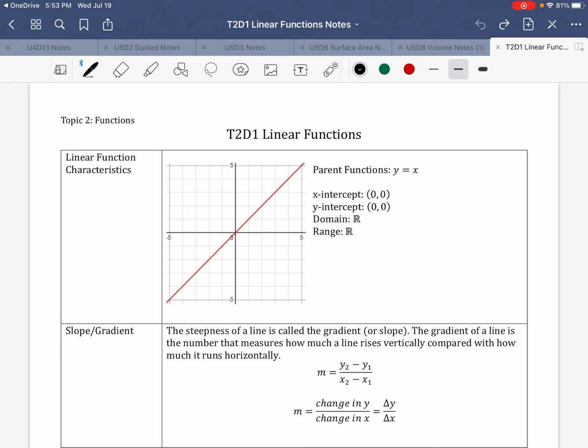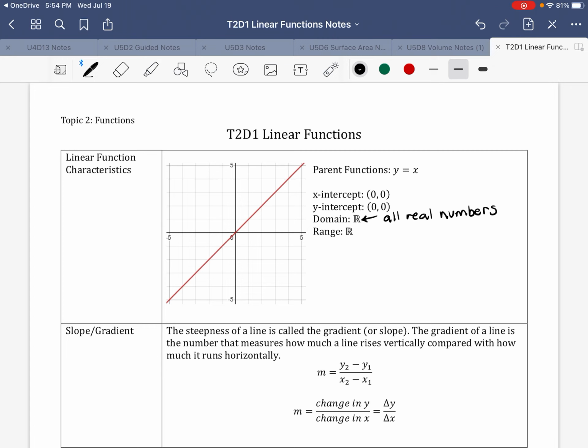As shown in this graph here, you'll find that both the x-intercept and y-intercept are at the point (0, 0), otherwise known as the origin, and that the domain, all the possible x values, is all real numbers, as is the range. So you'll see that this symbol here means all real numbers.